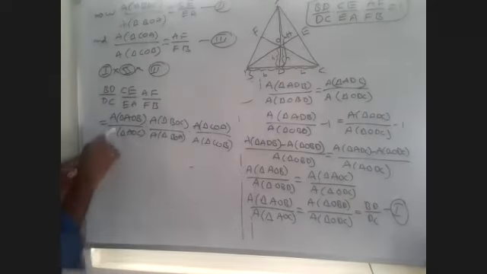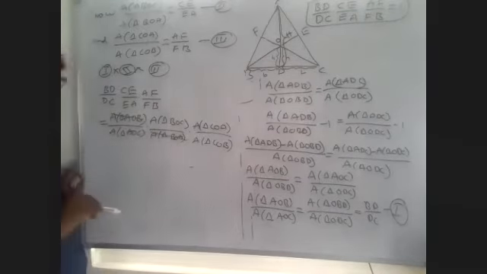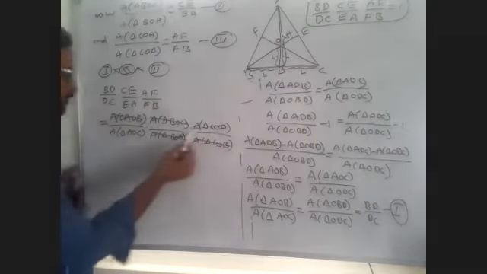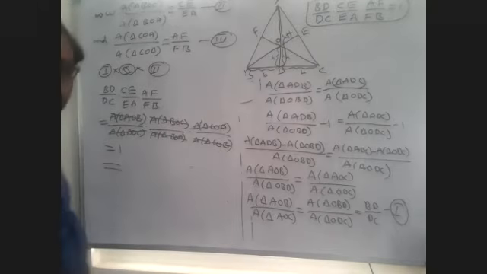If you observe, area of triangle AOB and BOA cancel. BOC and COB cancel. COA and AOC cancel. Therefore, the answer is 1.